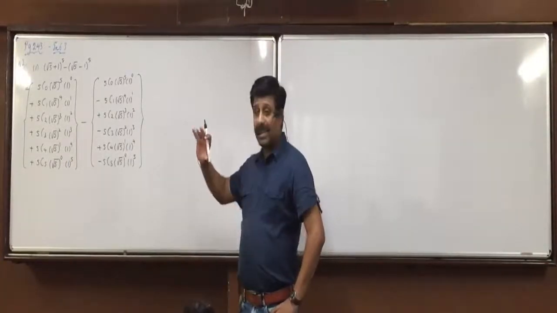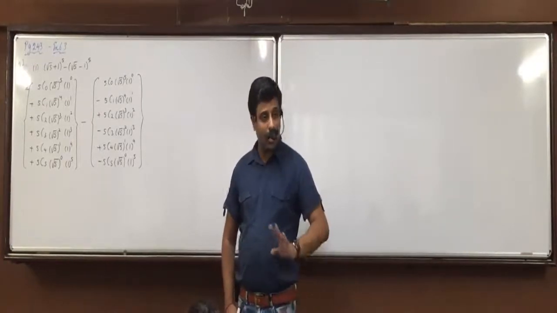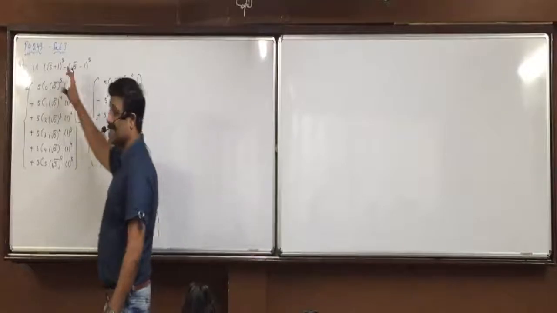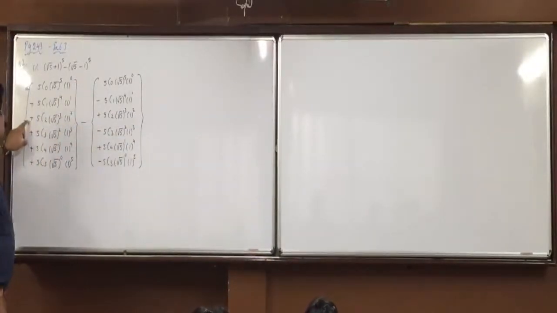Raise your hand who did not understand the right side. Are all clear with this? The numbers are the same, the only difference is the minus. So minus plus minus plus minus, the rest will remain the same.